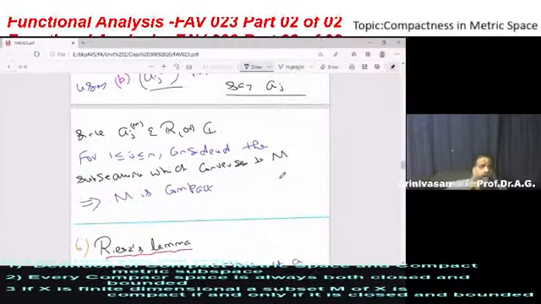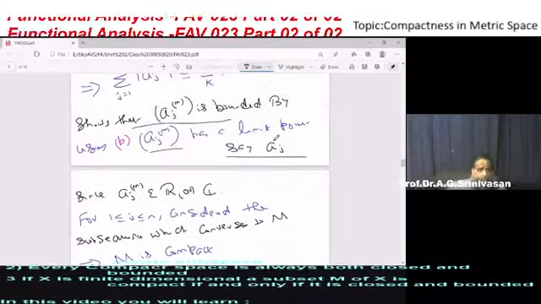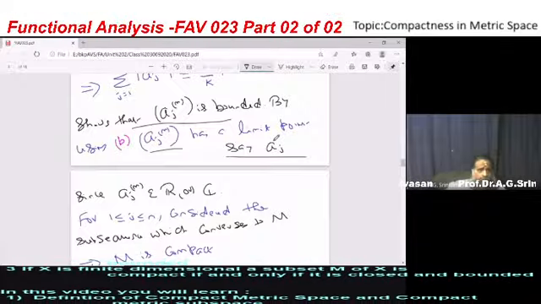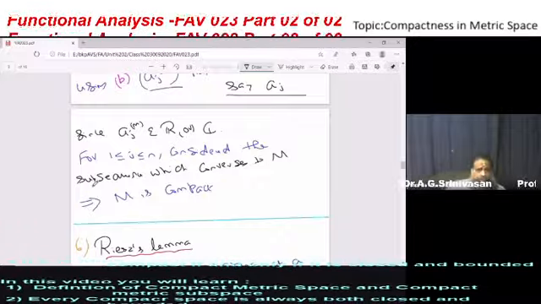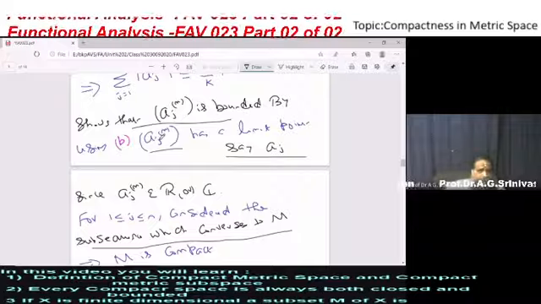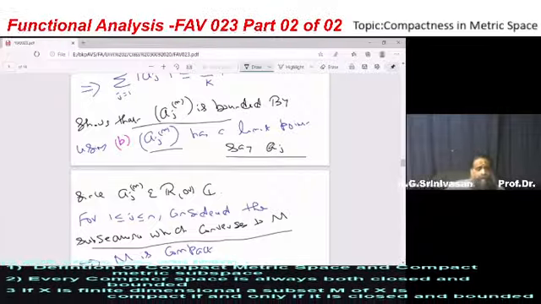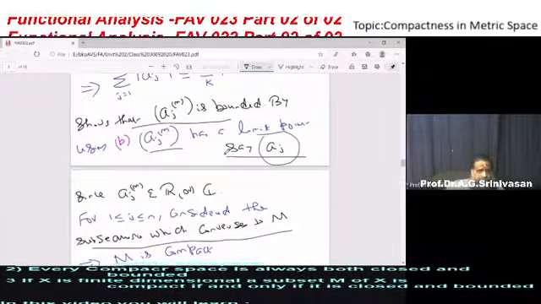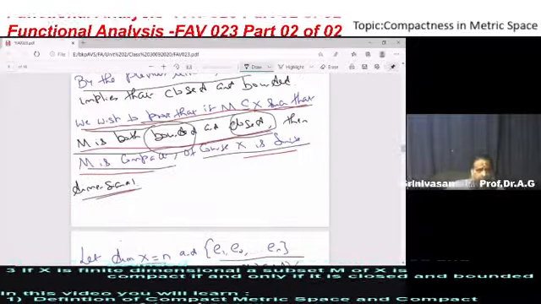Now, this means that the subsequence converges in M. This Aj power m converges to a limit Aj, and as the limit exists, and M is already closed, we already saw it.